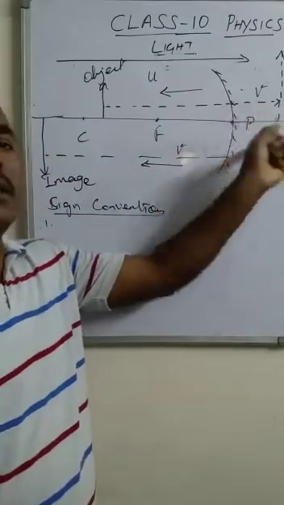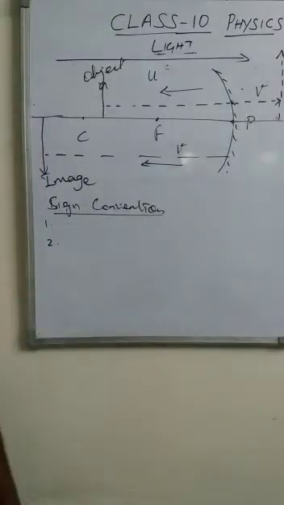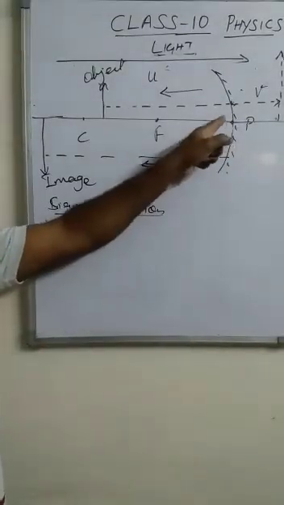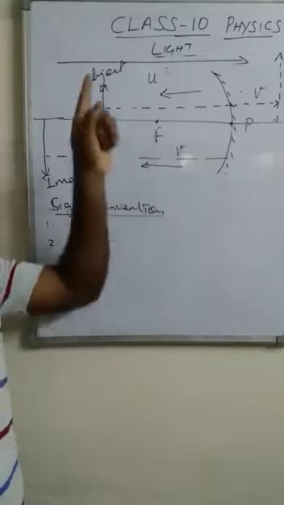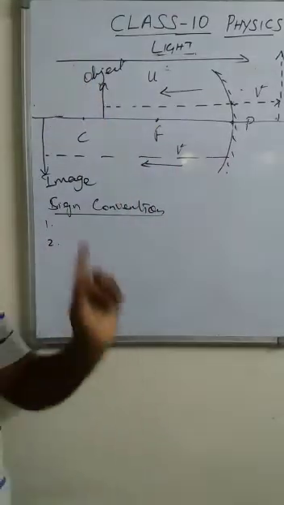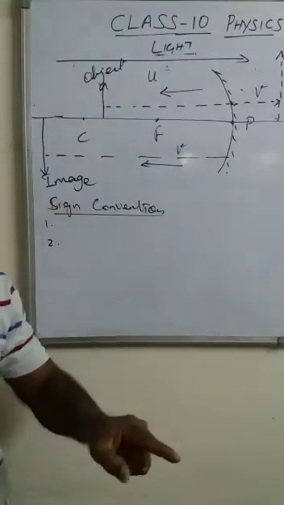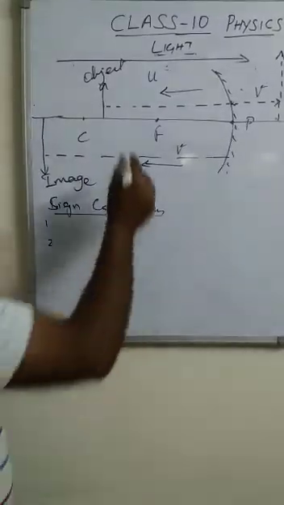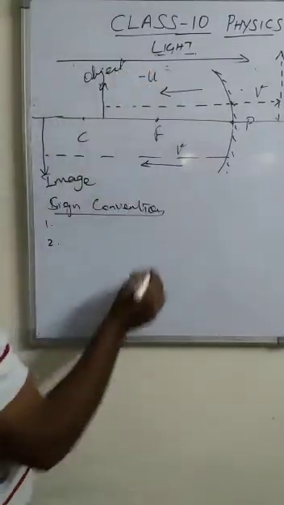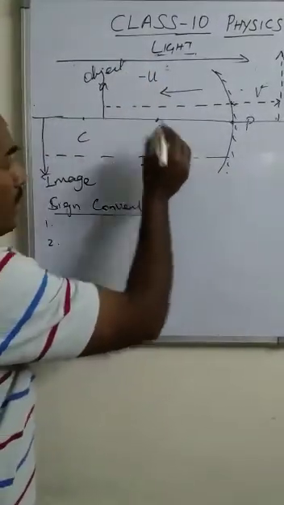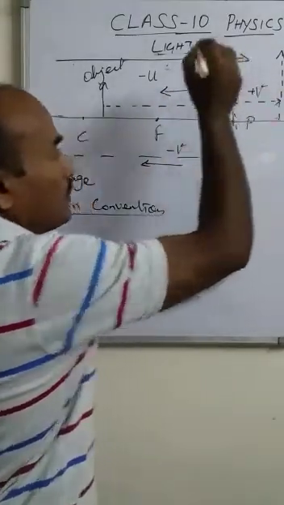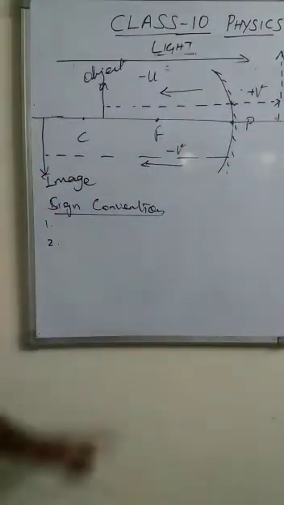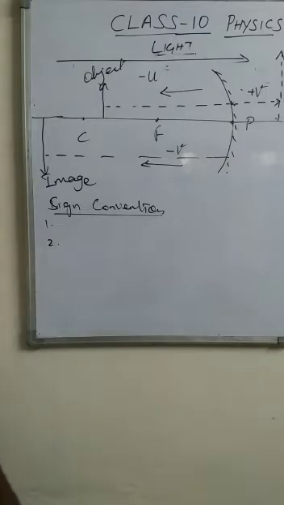This is taking place along the direction of light ray. If any distance is measured opposite to the direction of light ray, it is negative. Along the direction of light ray, it is positive. So in this case, U is negative, this is negative, this is positive. So that is the second convention.